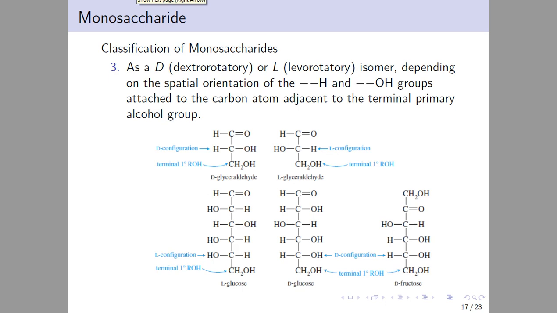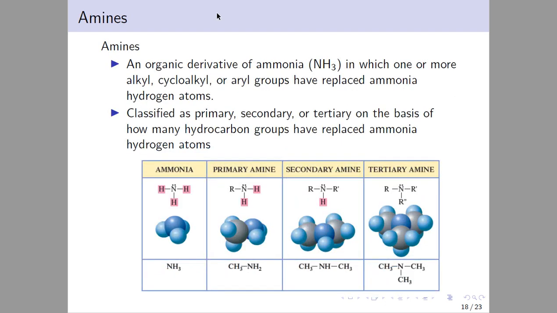So next is the amine. An amine is an organic derivative of ammonia. So we have NH3 in which one or more hydrogens are replaced by an alkyl group, for example methane, a cycloalkyl, for example ethyl benzene, or an aryl group, for example CH3.